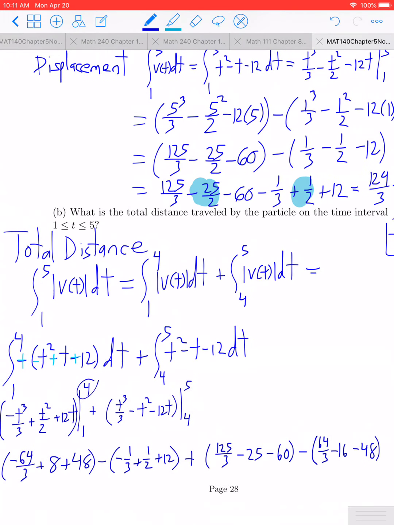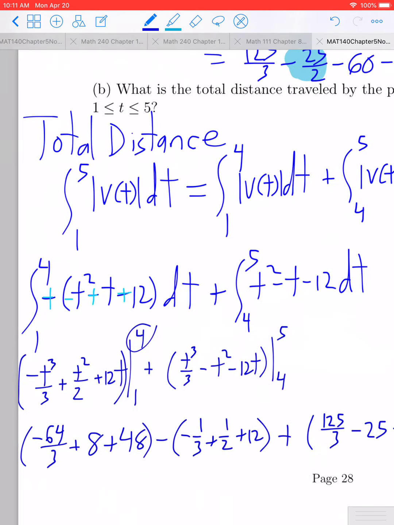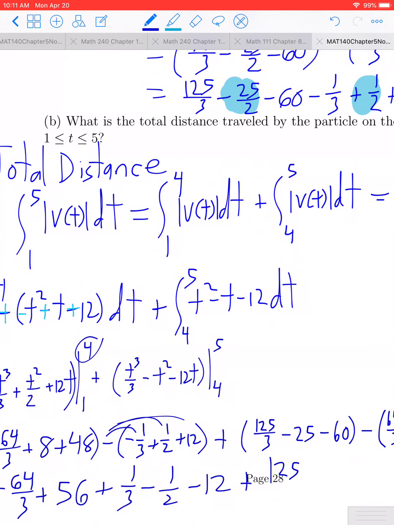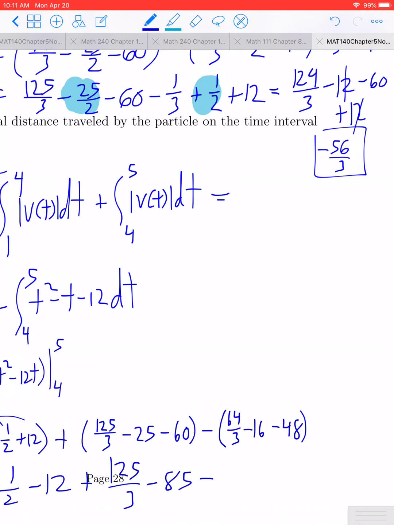Let's see if we can go ahead and simplify this. I have negative 64 thirds plus 8 and 48 make 56. Distributing the sign in, I'm going to have a positive 1/3 minus 1/2 minus 12 plus 125 thirds minus 85 minus 64 thirds.